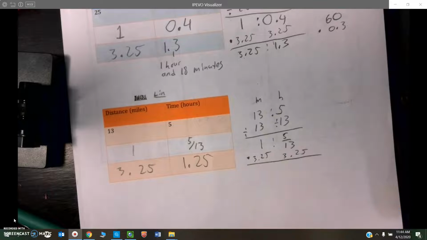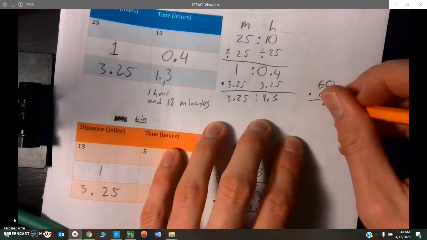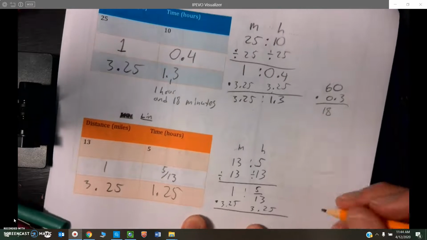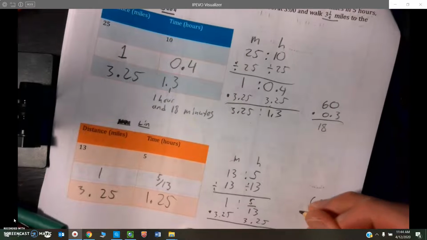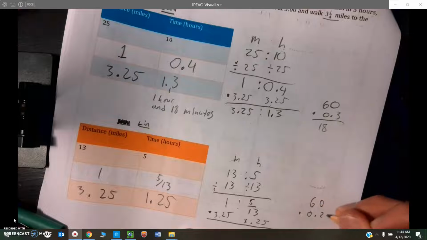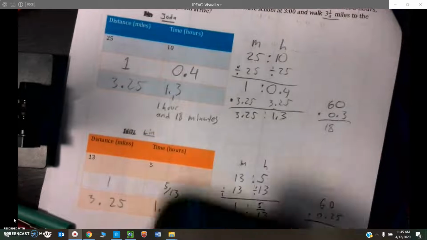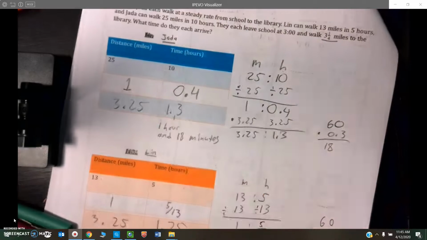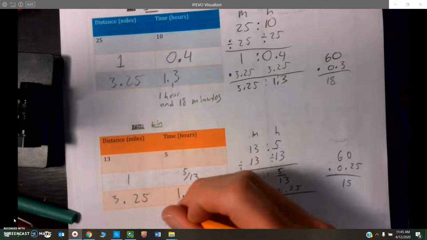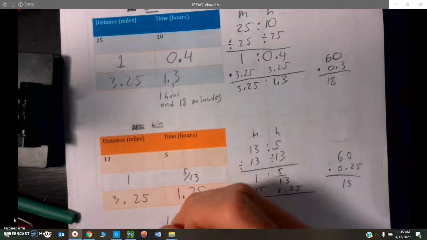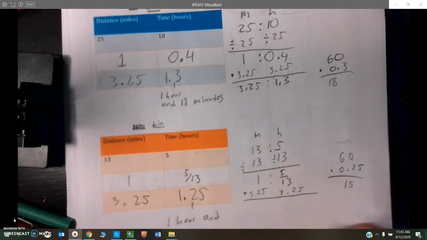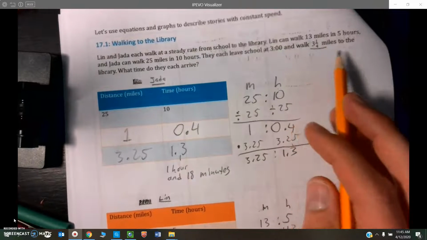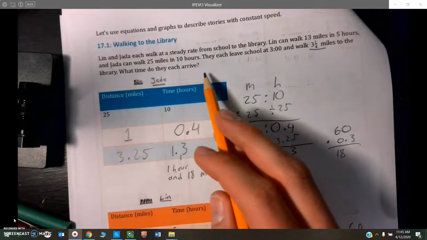And here, once again, to find out what this is in hours and minutes, I need to find what 25 hundredths of 60 is. That's 15. So this is 1 hour and 15 minutes. So to go back to the question, they each leave school at 3 and walk 3 1/4 miles to the library. What time do they each arrive?